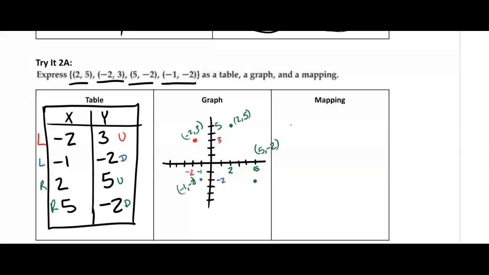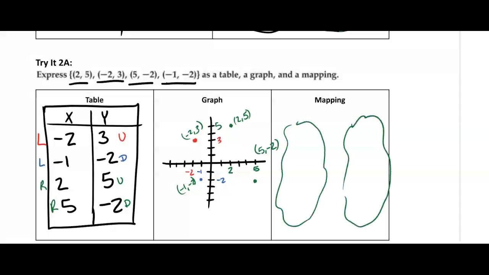And then as a mapping, that's our little squiggly lungs or kidneys, domain, and a range. And remember, we never want to duplicate anything on either side. So I have a -2 x, gives me a 3, and I connect them with my line.